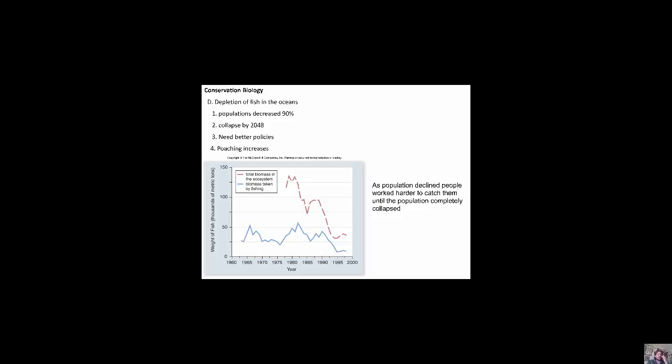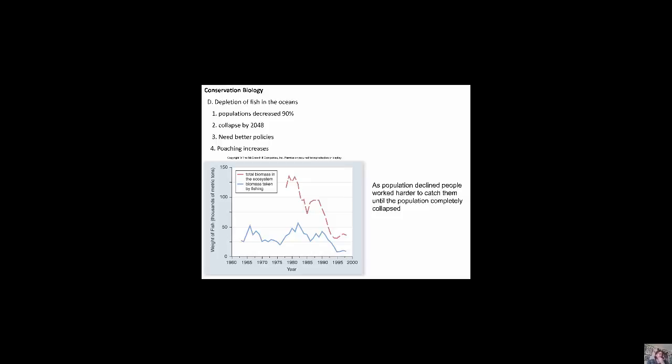So good policies could be things like taking a year off from fishing, providing size limits on fish taken, providing fisheries where you are not allowed to fish, places where a lot of the fish development occurs. Because a lot of these large species have long maturation times.